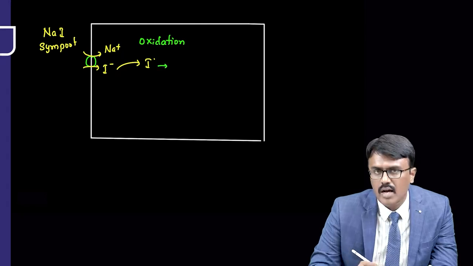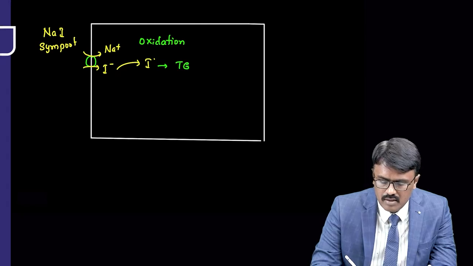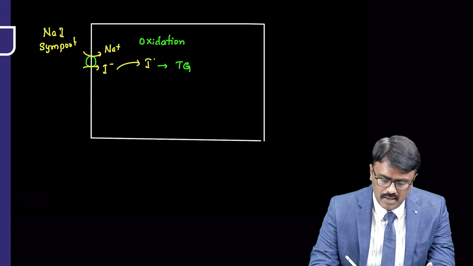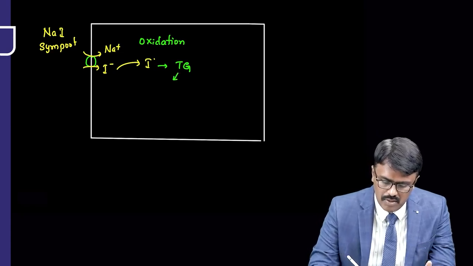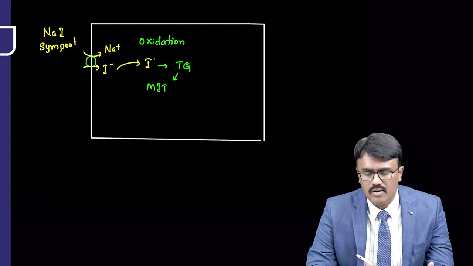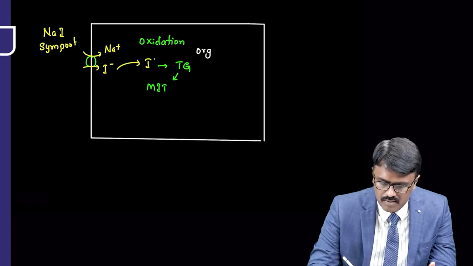This iodinium will combine with thyroglobulin. There is a tyrosine residue in thyroglobulin. It combines with that, and we get monoiodotyrosine, and that step is called organification.